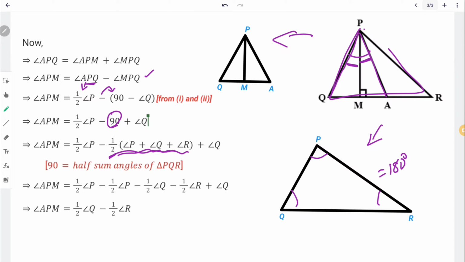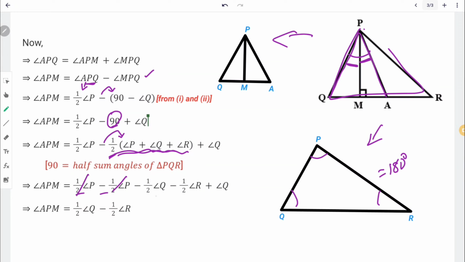Once we're done with that, let's start multiplying. Minus into plus, minus. So I'll have a minus angle P, then again minus into plus, minus half times angle Q, then minus into plus again, minus half times angle R. That is what we get. Now from here, when you look, this is plus, this is minus, so I can cancel this.